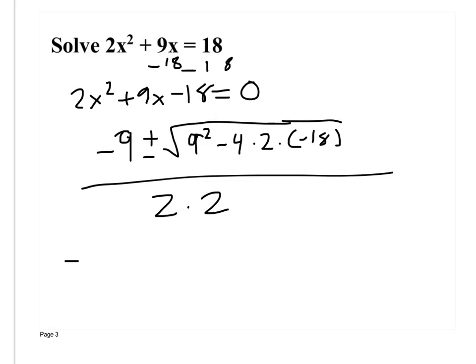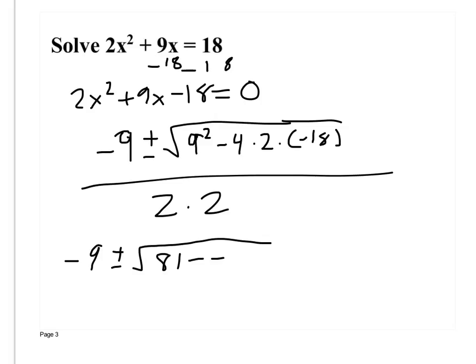9, so I'm going to do negative 9 plus or minus the square root. 9 squared is 81. Then I do 4 times 2 times negative 18. 4 times 2 times negative 18 is negative 144.